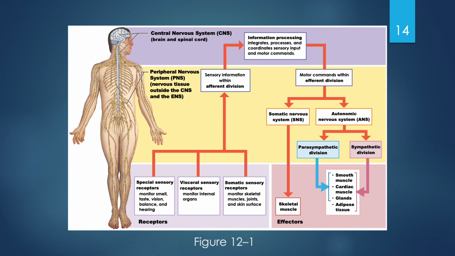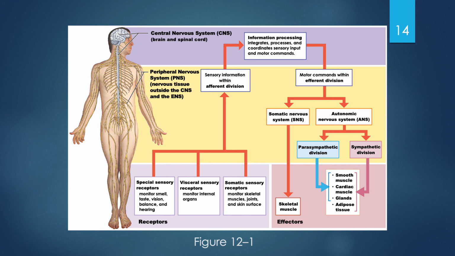All of these receptors are going to pass information through the peripheral nervous system, through the afferent division, remember sensory is afferent, up into the central nervous system, which includes the brain and the spinal cord. At that point, our brain can process the information, integrate it, and coordinate all of these different pieces of information so that it can send a motor command down through the efferent division.